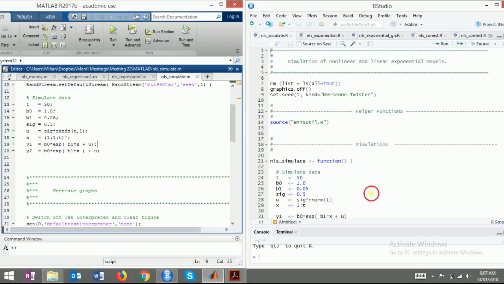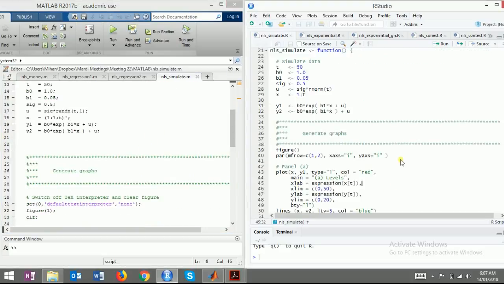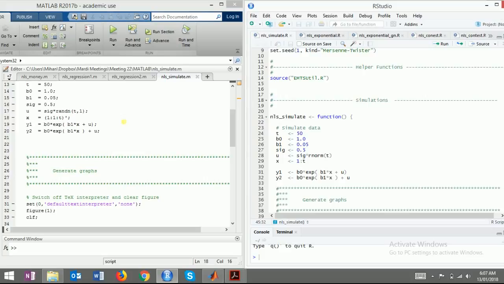The simulation is presented with a function. T equals 50, beta naught 1, beta 1 0.05, sigma 0.5, given information. U is now simulating. We are going to simulate the residual, and based on the residual we are going to simulate y1 and y2. That's very simple. The residual is sigma multiplied by a random normal of T rows and one column.